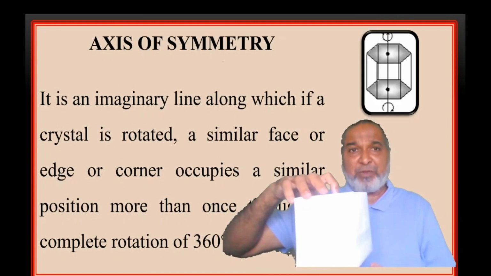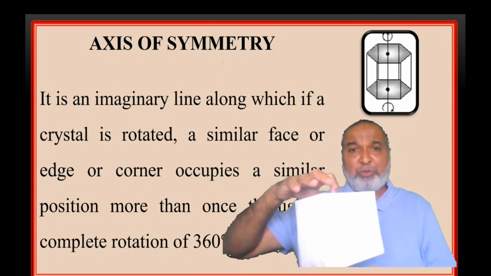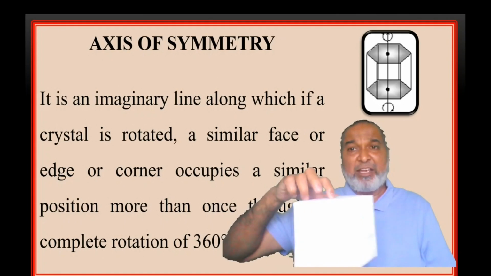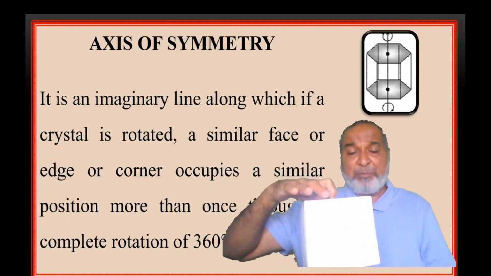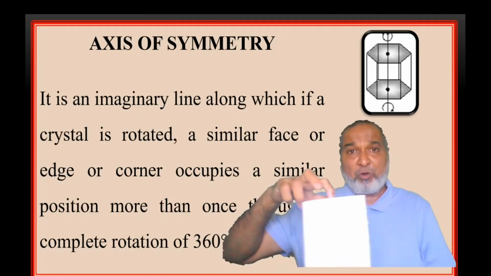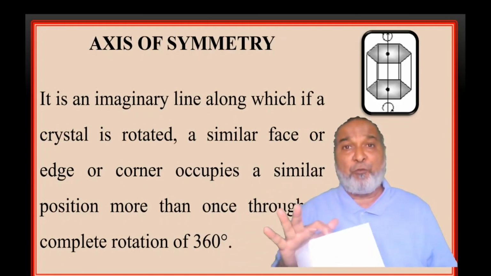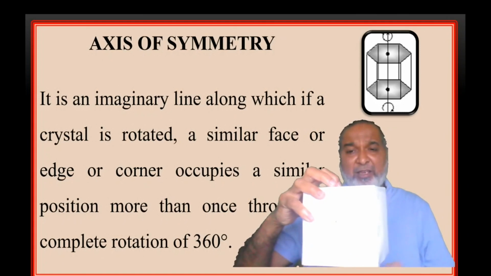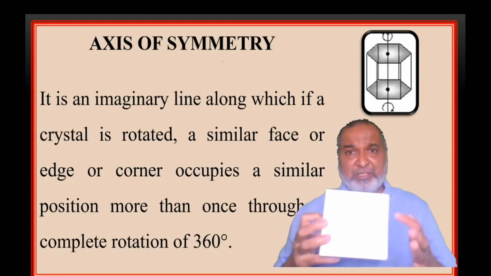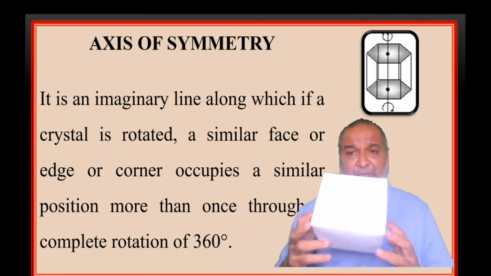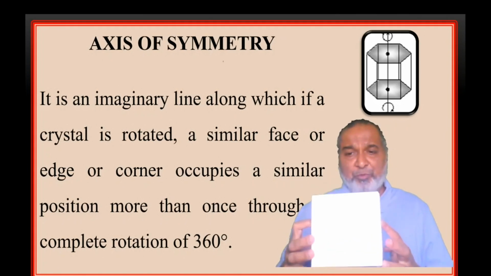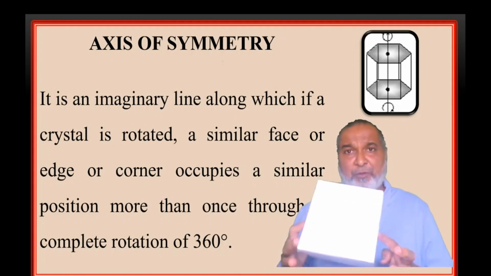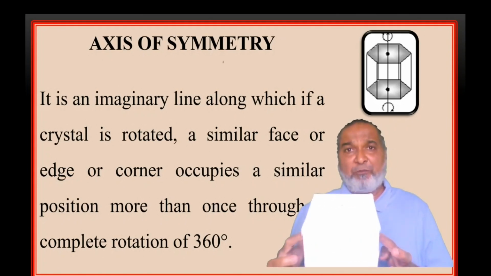Along this axis, when I rotate the model through 360 degrees, how many faces are coming? Four faces. Then it is called one of fourfold symmetry. This is gone now. Then what is there? This pair, the side one. See this dot: 1, 2, 3, and 4. Along this also I am going to get one of fourfold.